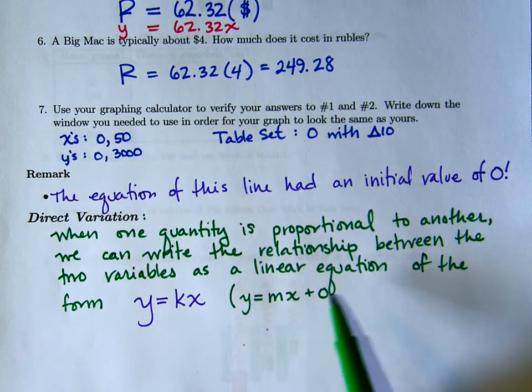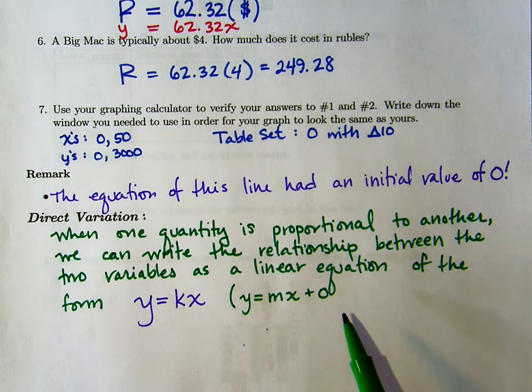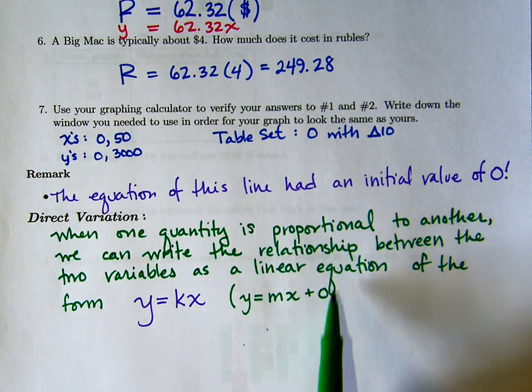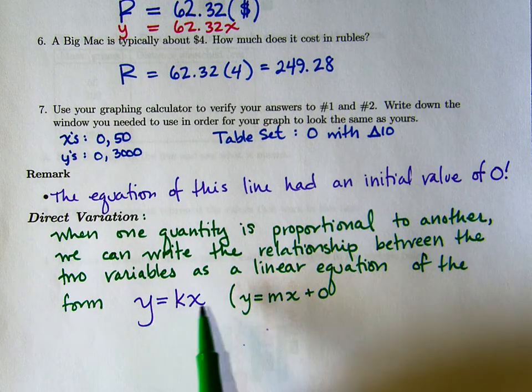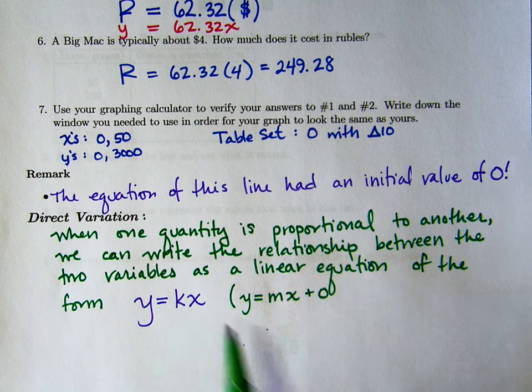Because the initial is 0. So if it's proportional, then that initial value is always 0, and we would write it in this form. Okay.